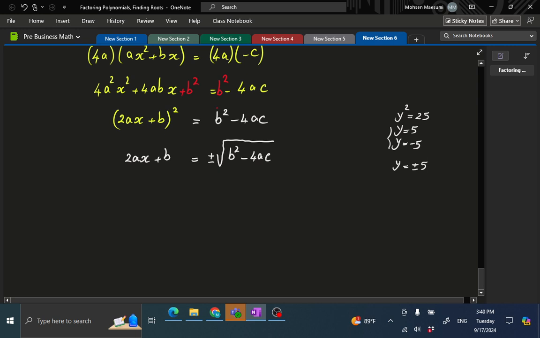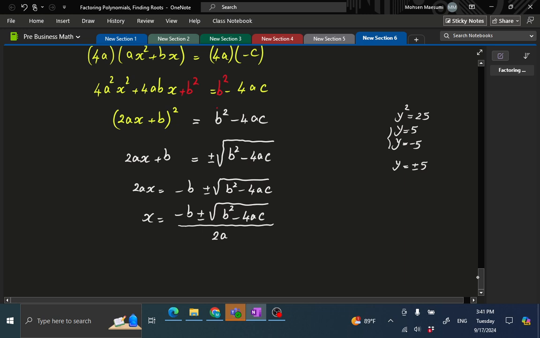Now I take b and subtract it from both sides, so it becomes 2ax is equal to minus b plus or minus the square root of b squared minus 4ac. And then my x becomes minus b plus or minus radical b squared minus 4ac divided by 2a.